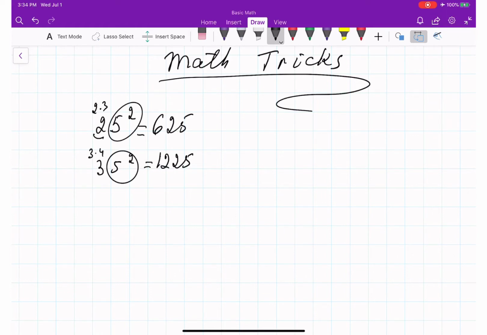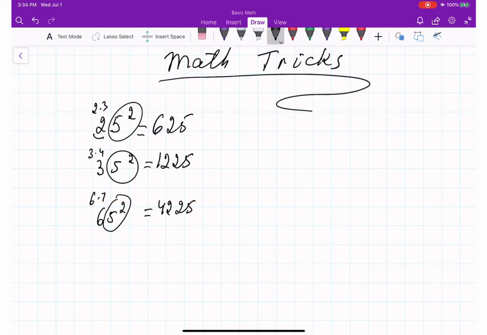You can check on a calculator. 65 squared, 6 times 7 and 5 squared: 42 and 25. It's interesting, isn't it?